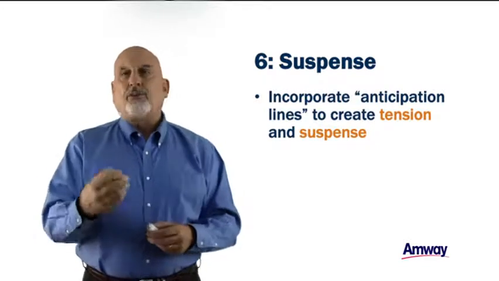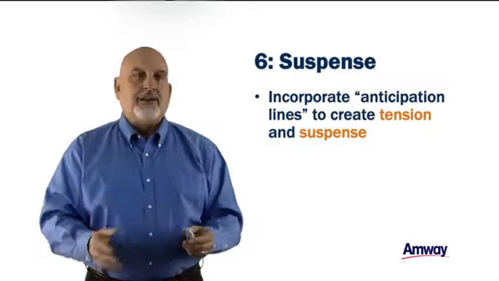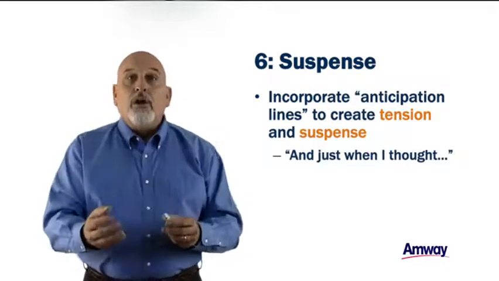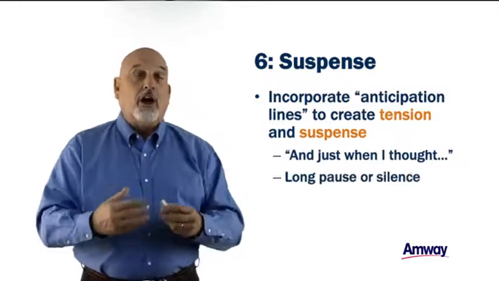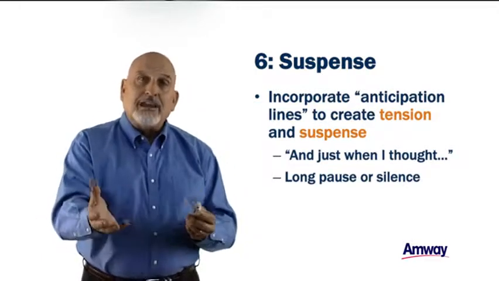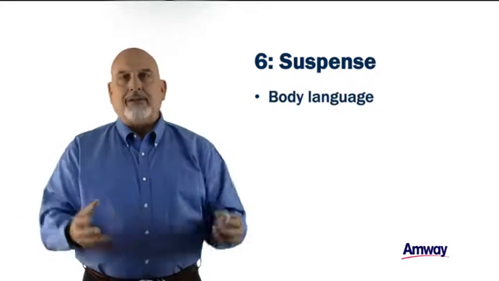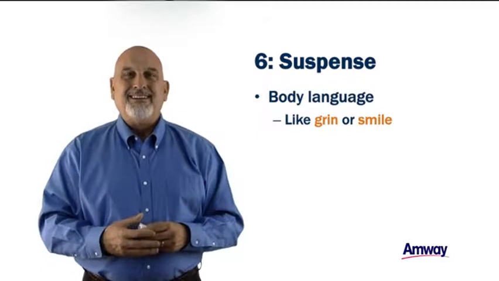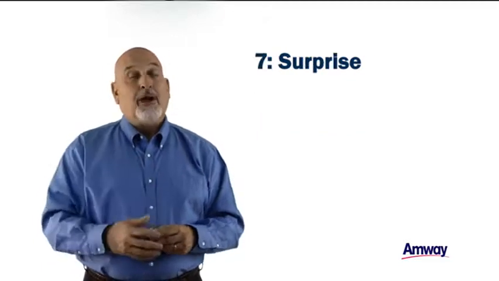Anticipation lines can be created with a combination of words such as, and just when I thought, or with vocal variety such as a long pause or silence, and with body language such as a simple grin or a smile. Now, number 7 is surprise.